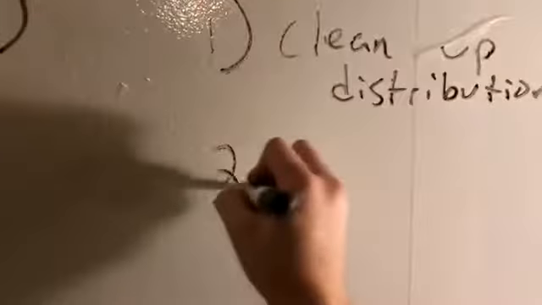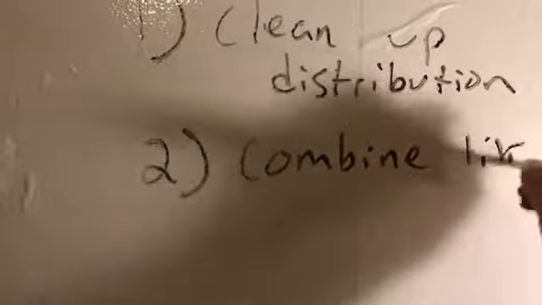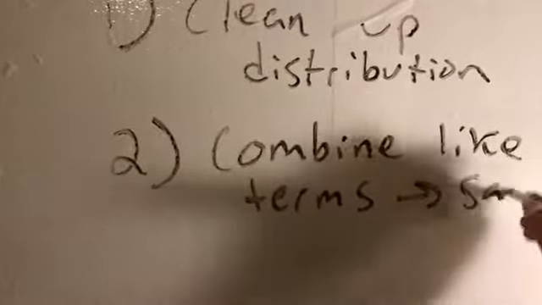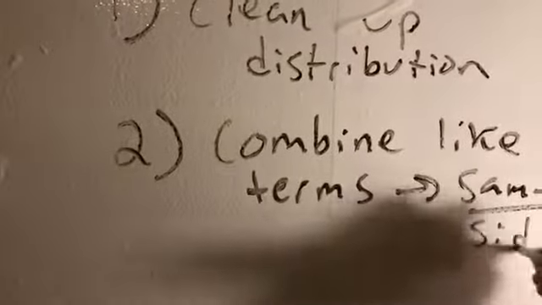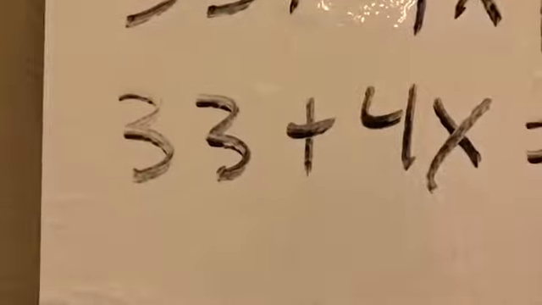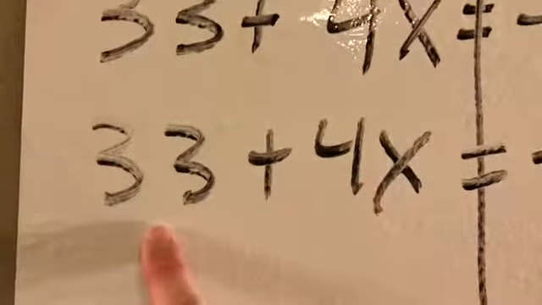Now we should do a nice check of, can you combine like terms that are already on the same side? So I'm going to zoom in over here, 33 and 4x. Those are not like terms. This has a variable, this is a regular number.